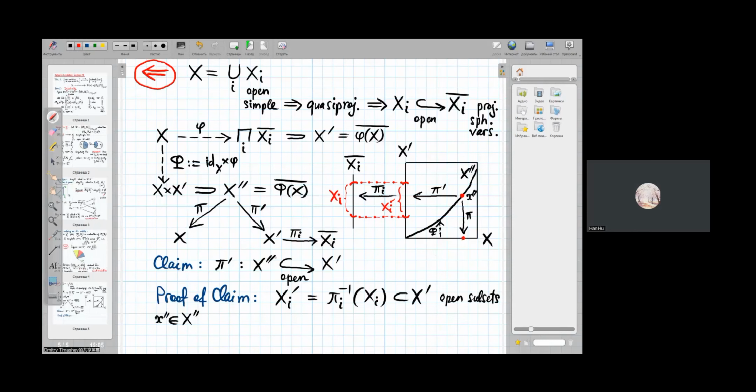Let's consider first the projection to X and denote it by x without primes.